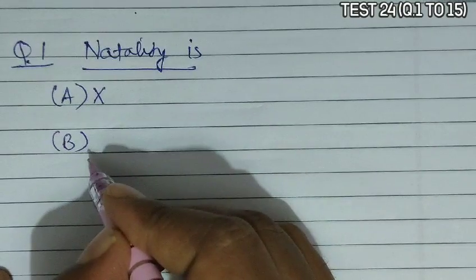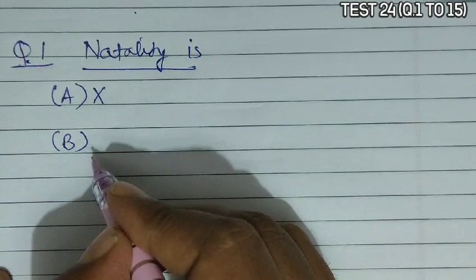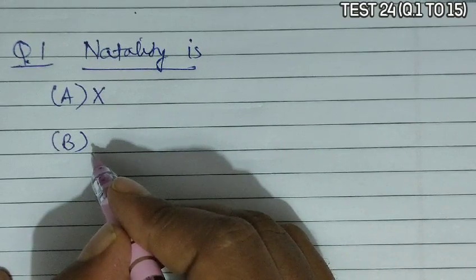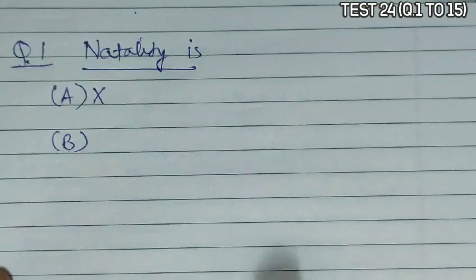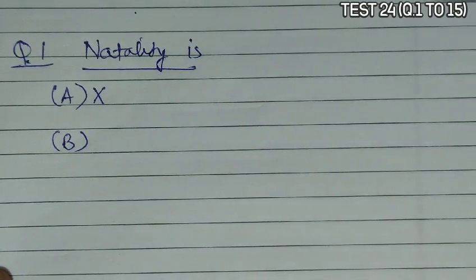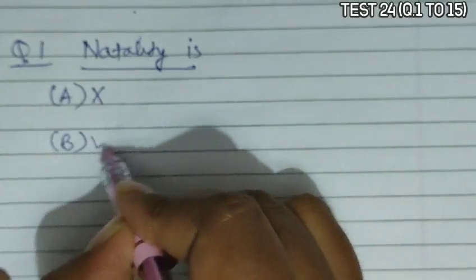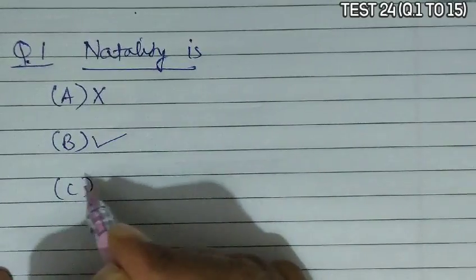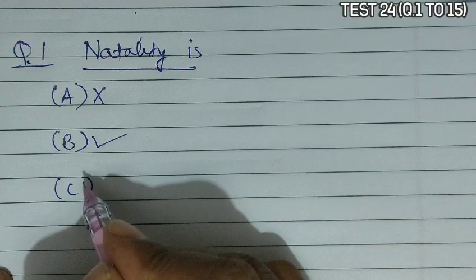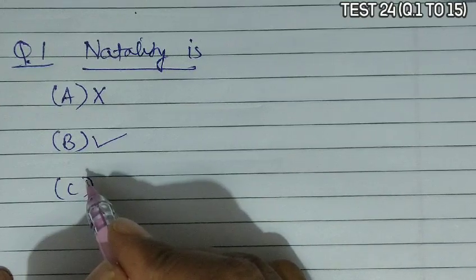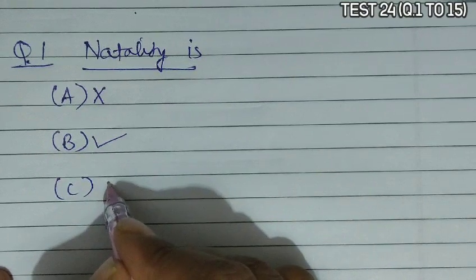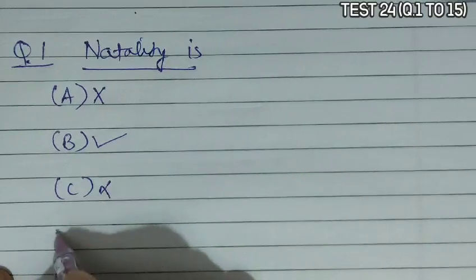Option B is given as the number of births during a given period in the population that are added to the initial density. Yes, whatever the population was there, the new births which were added in a particular area, that is natality, so it is correct. Option C, the number of deaths in a population during a given period, then it is mortality, it is not natality, it is a death rate, so it is incorrect.